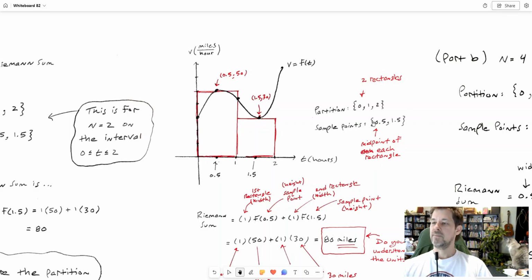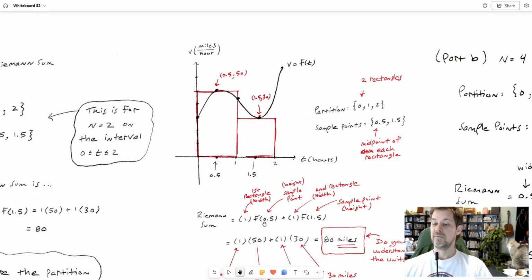Okay, the sample points are the midpoint of each rectangle. There's one of them at 0.5, one of them at 1.5. Now, a rectangle has a width determined by the partition and a height, which is determined by the sample point on the curve. So this first rectangle may have its width from 0 to 1, but its height is determined by that sample point 0.5, which is what?